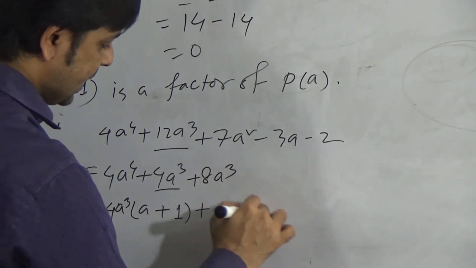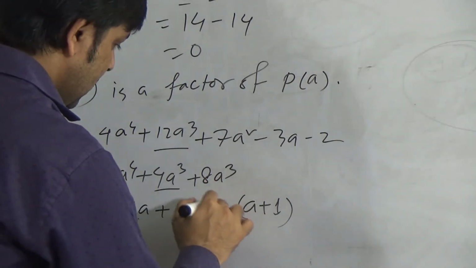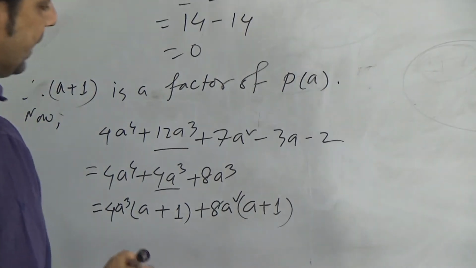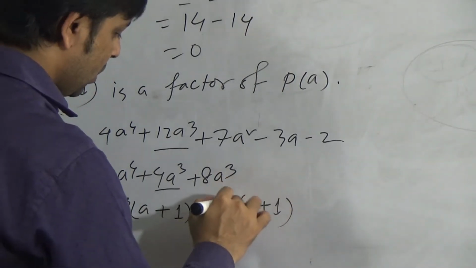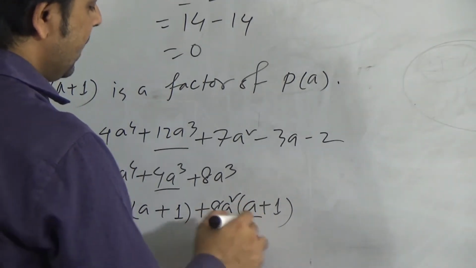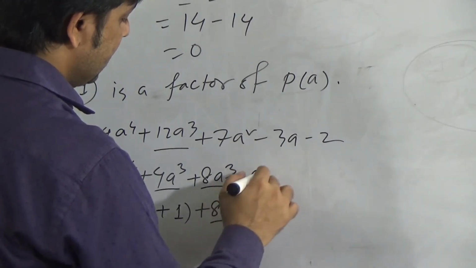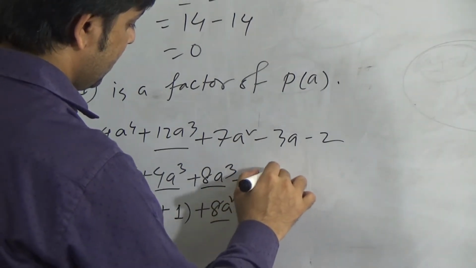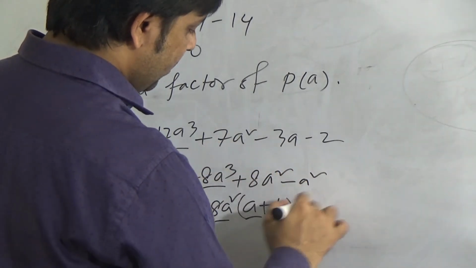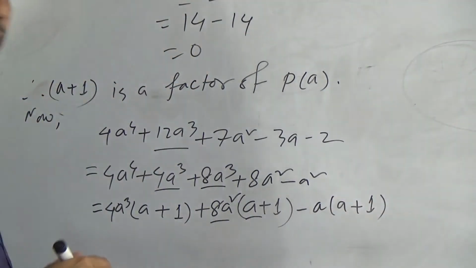So we can take a plus 1 factor again, and take 8a square as common. If we multiply 8a square by a, we will get 8a cube. Now multiply the second term, we will get 8a square. But we have 7a square, so we have to subtract a square. To get this a square, we need to take minus a as common, and a plus 1 is the factor we have.